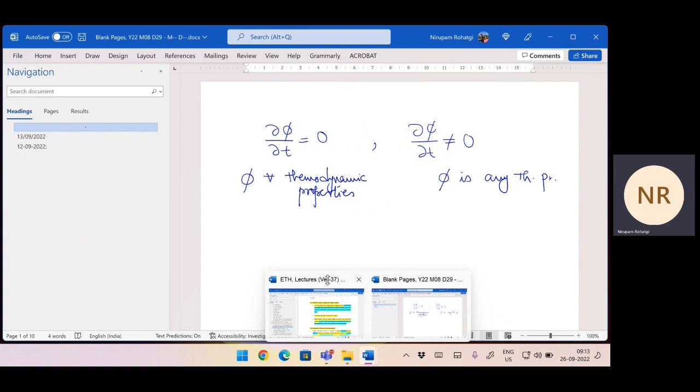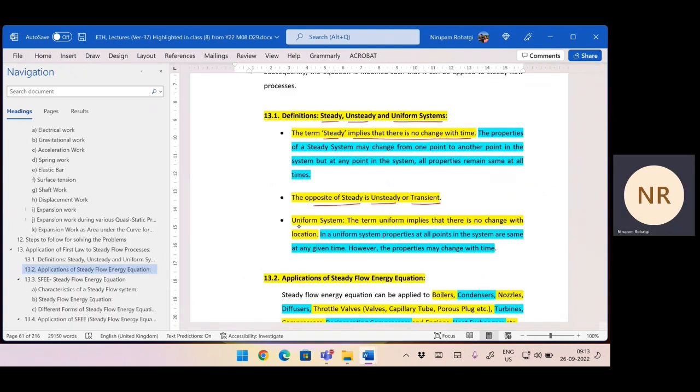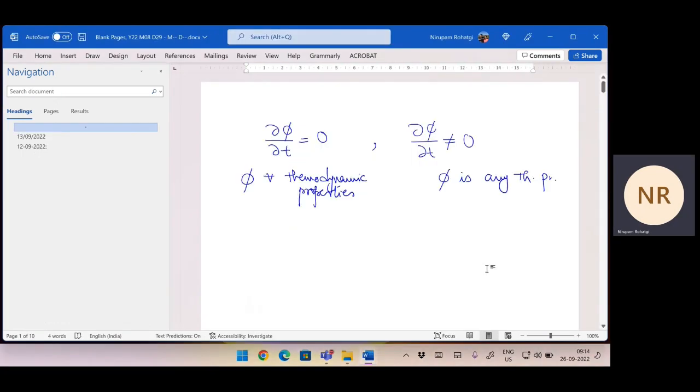Then a term comes, what is a uniform system? Uniform means that there is no variation with respect to space parameters or space coordinates. Okay, and if you want to write it mathematically, then you can say del phi by del xi is equal to 0. What is xi?